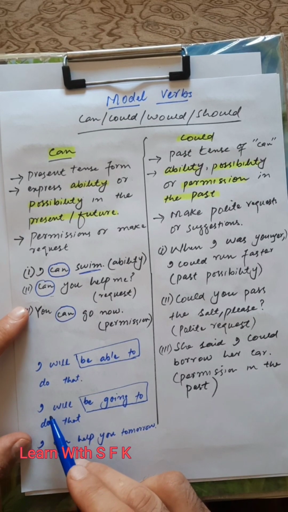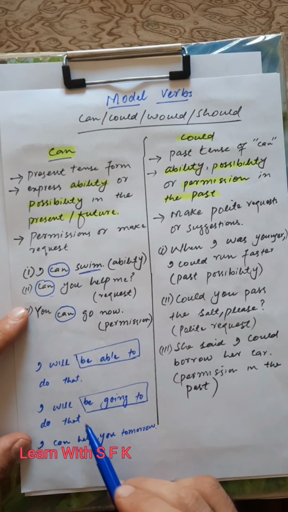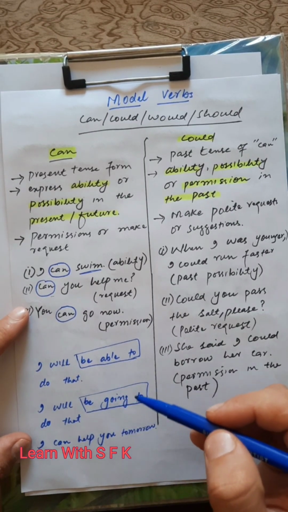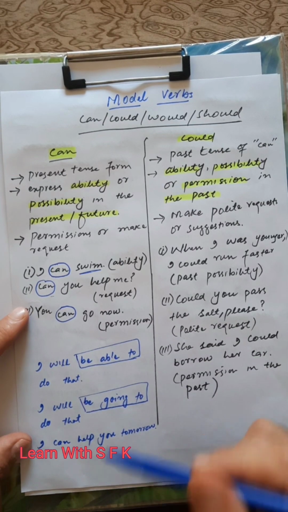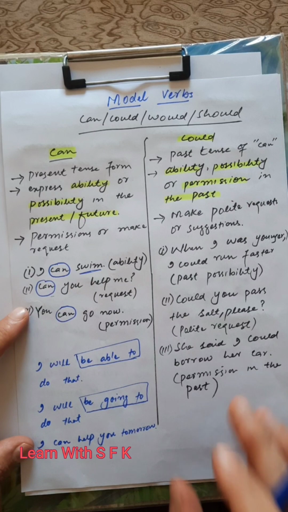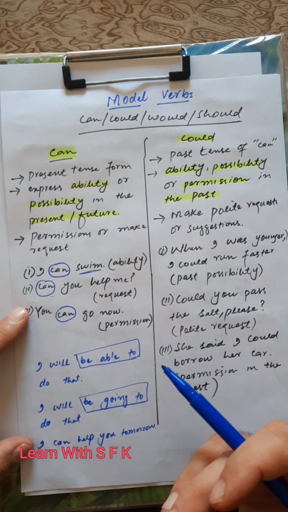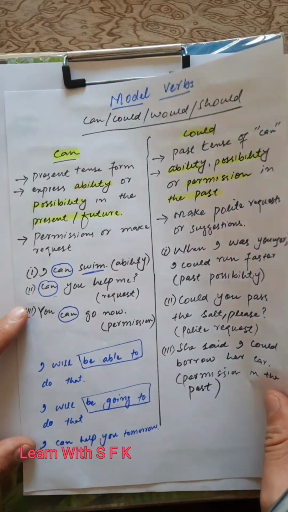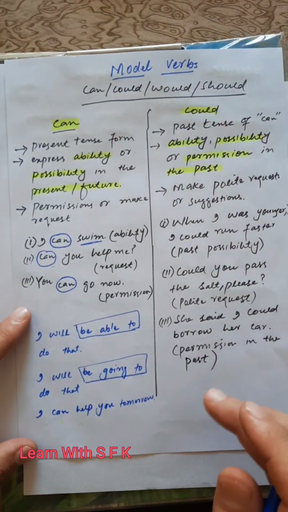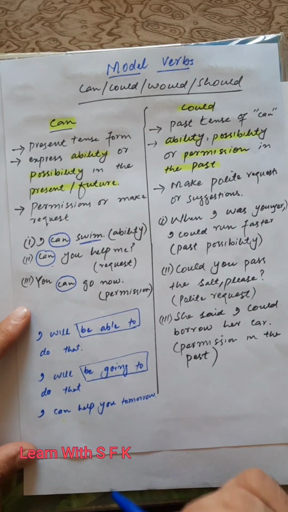For example, if I say I will be going to do that, both of these sentences are approximately the same. But if you want to use can as it is, then you have to show the sense of future tense by using some other words.